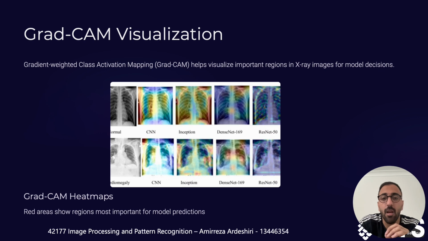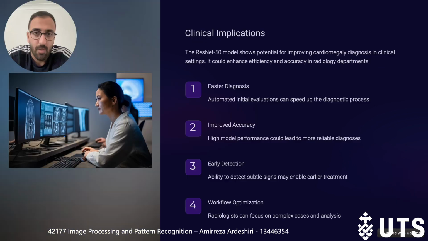In these heat maps, red areas indicate regions that were most influential in predicting cardiomegaly. This visualization tool not only helps verify the model's accuracy, but also aids radiologists in understanding the basis of the model's predictions.